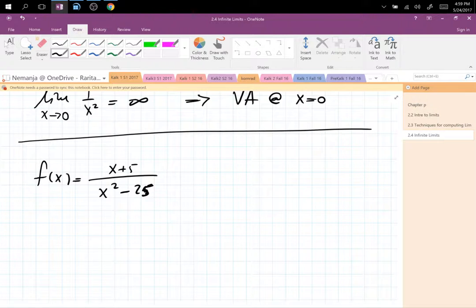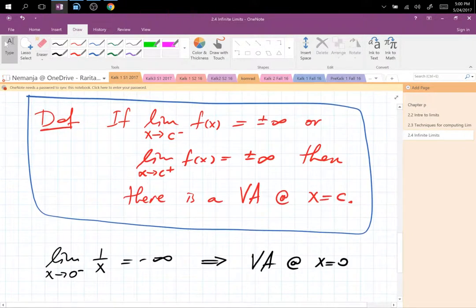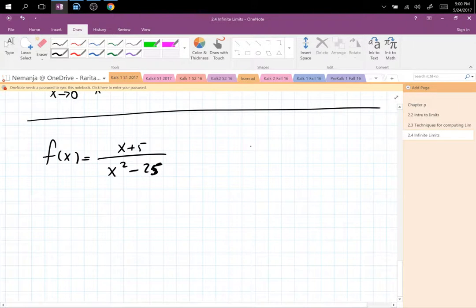So the good old pre-calculus method, set the denominator equal to 0, will now give us candidates. And we have the definition to run and check each one of those values. So here's what we're going to do. x squared minus 25 equal to 0. x equals plus or minus 5.